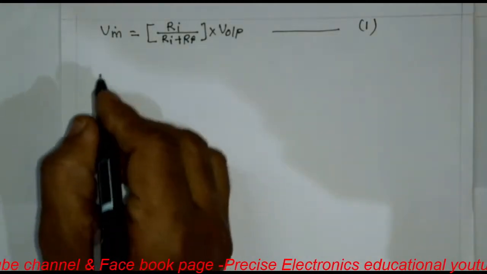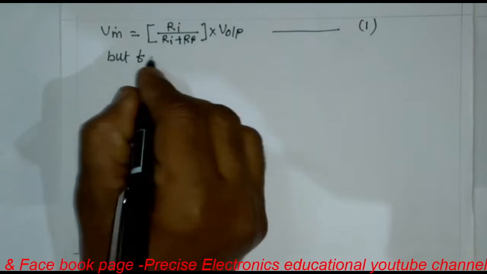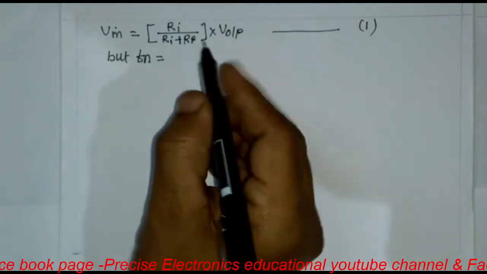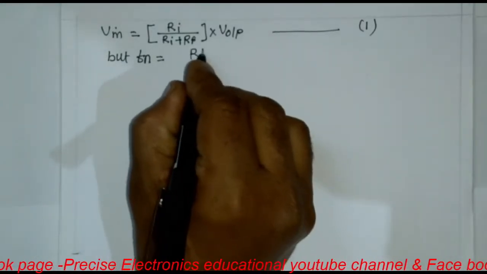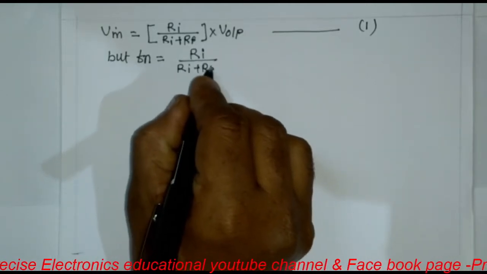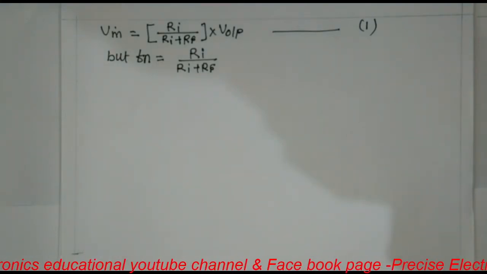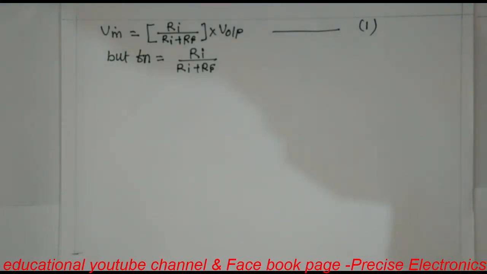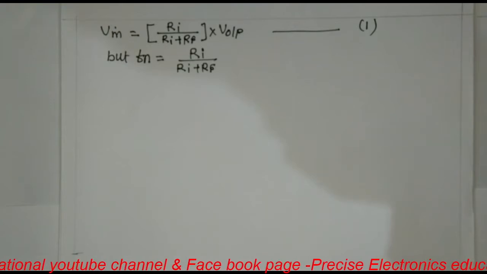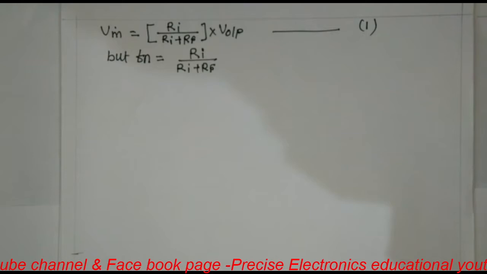We have to find out the feedback fraction. The feedback fraction, considered as Fn, is given by Ri upon Ri plus Rf. This is the feedback fraction. The output is fed back and applied to the inverting input terminal, and how much potential is developed across that inverting terminal depends upon the feedback fraction.